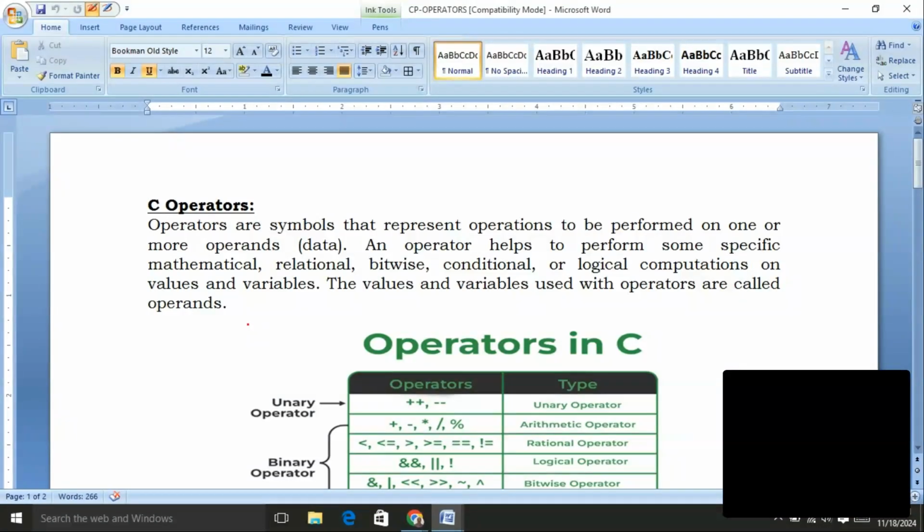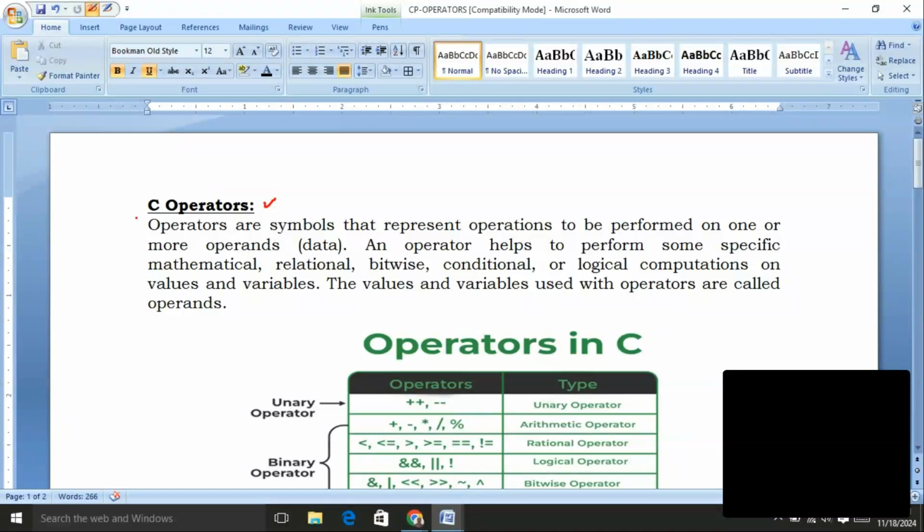I would like to explain about the operators in C language, or C operators. Generally, these operators are the symbols which are used to represent some specific operation.